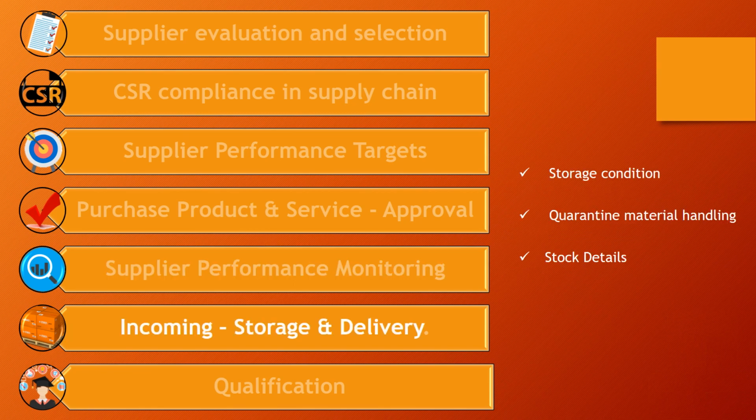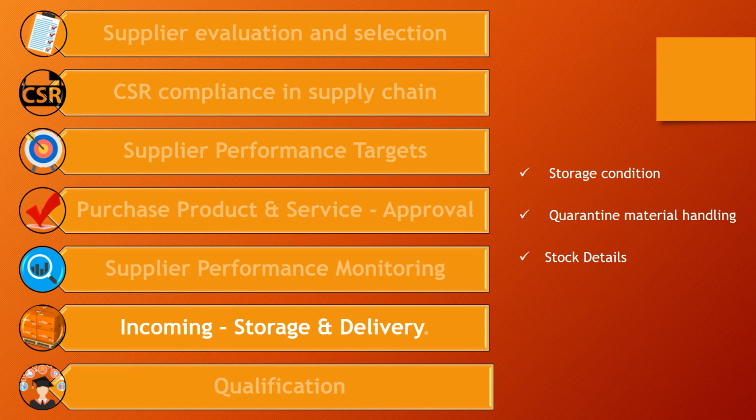The sixth question is related to incoming storage and delivery. And the standard asks you to check, are incoming goods delivered and stored appropriately? Here the scope for you will be the incoming material and the loading equipment as well. So you need to see how is the storage condition of the incoming material, whether it is stored as per the release status, meaning after inspection by incoming quality, so that it cannot be damaged or mixed later on.